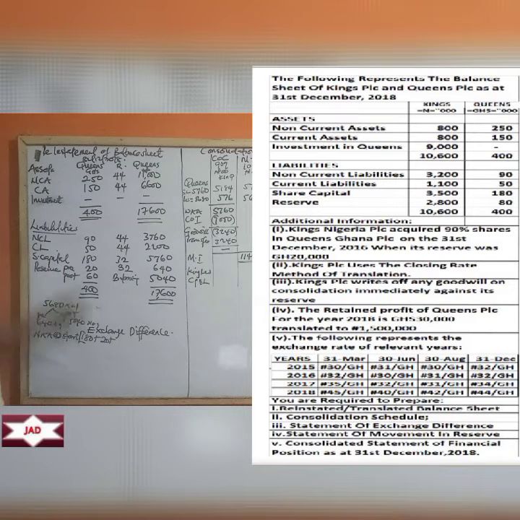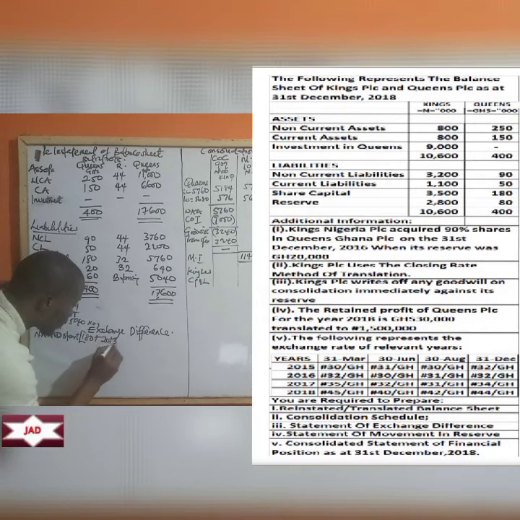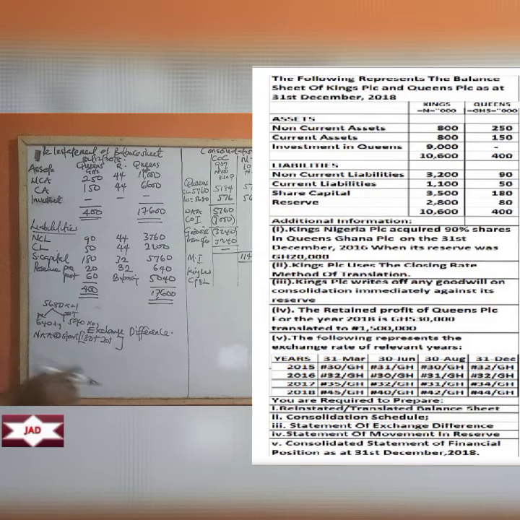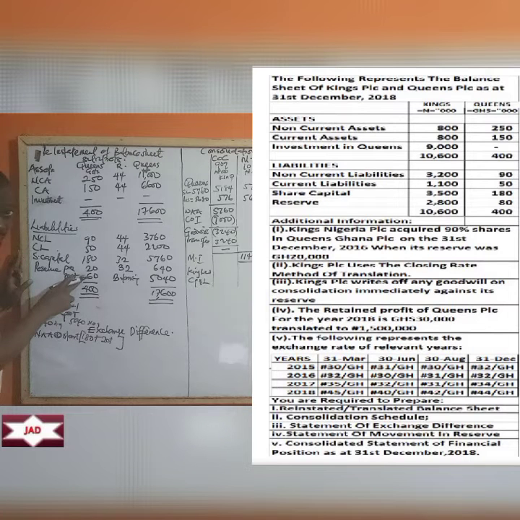According to the question, the retained profit of Queens PLC for the year 2018 is 30,000 cedis. So if we take 30 out of 60, the remaining 30 forms part of the beginning of the year. So I've explained now.